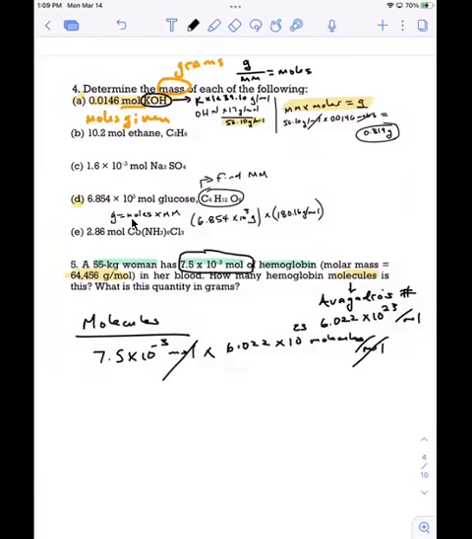This is just another way to manipulate moles and determine discrete particles, molecules, atoms per mole. It doesn't matter what we put in the top. Can somebody calculate that real quick? It'll be Avogadro's number, 6.022 times 10 to the 23rd, and then we're going to multiply that by 7.5 times 10 to the minus 3. Somebody tell me what you got for that.